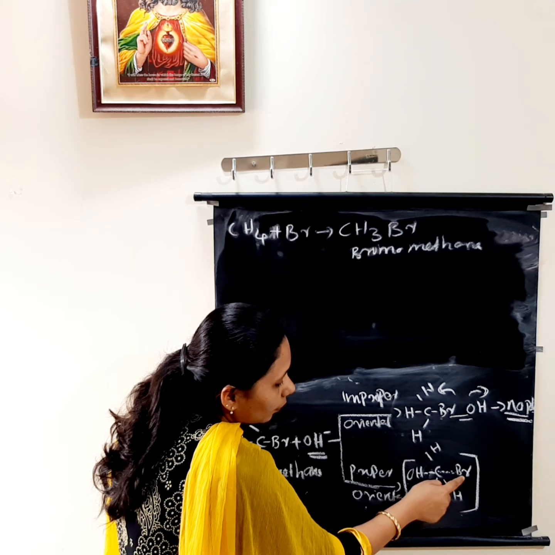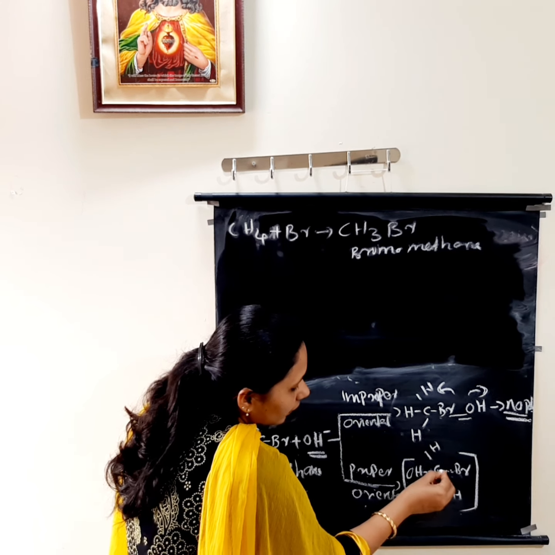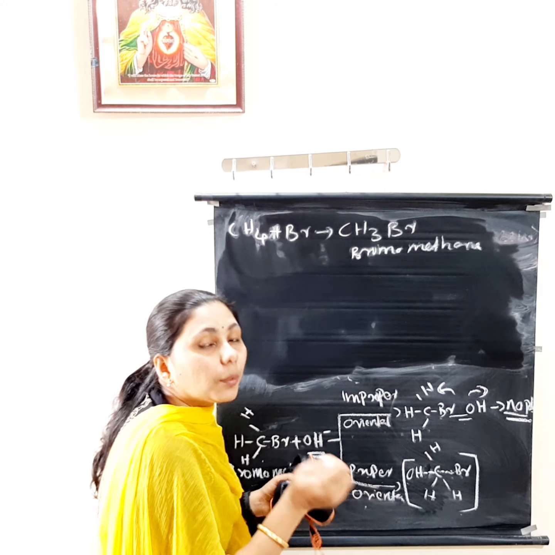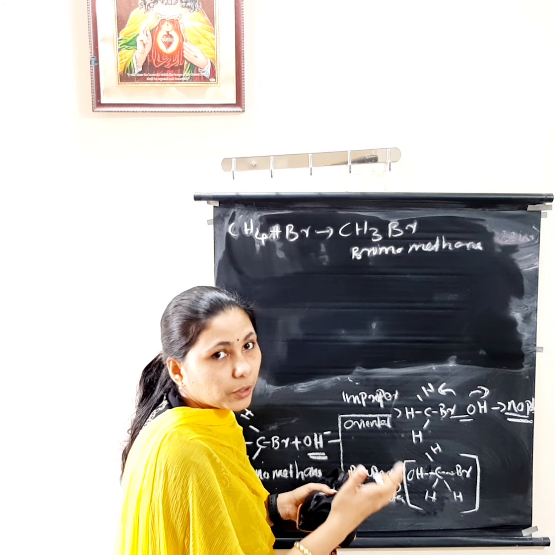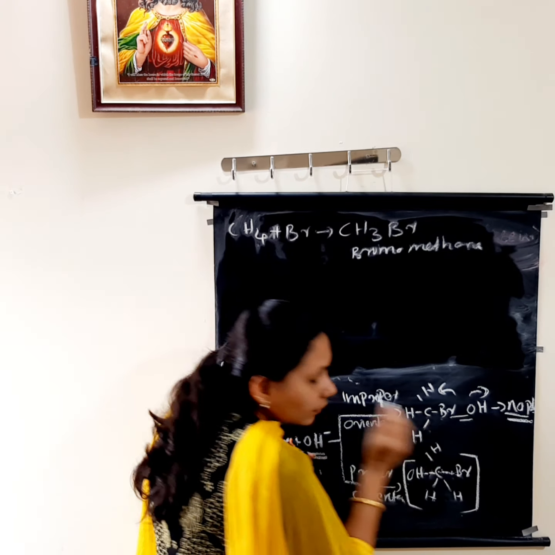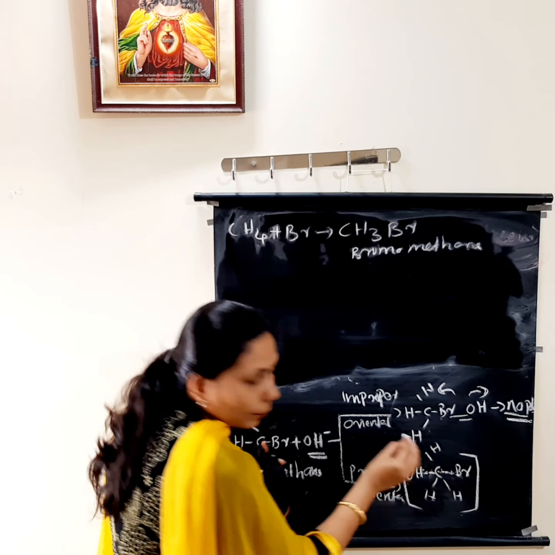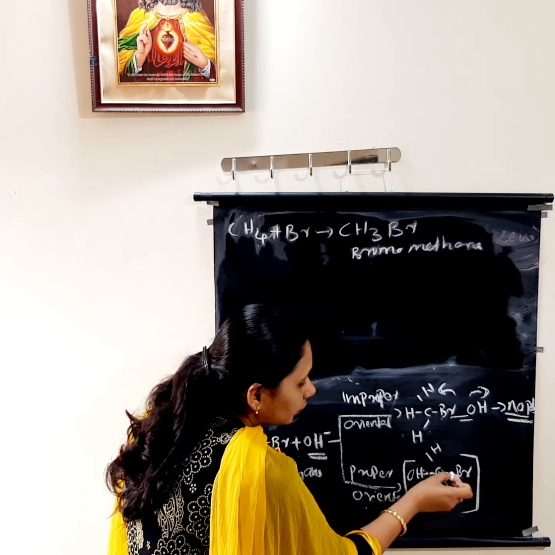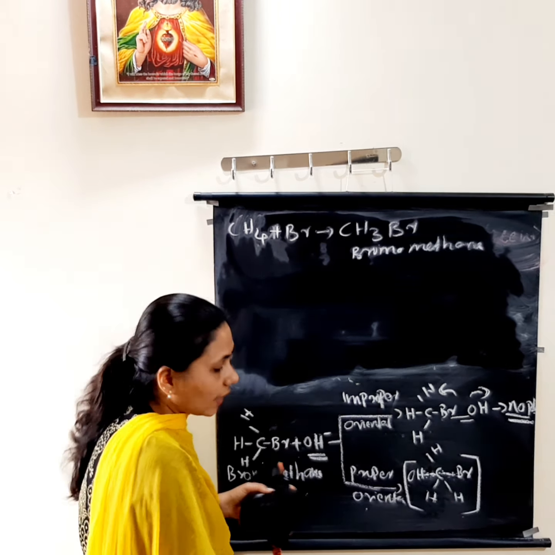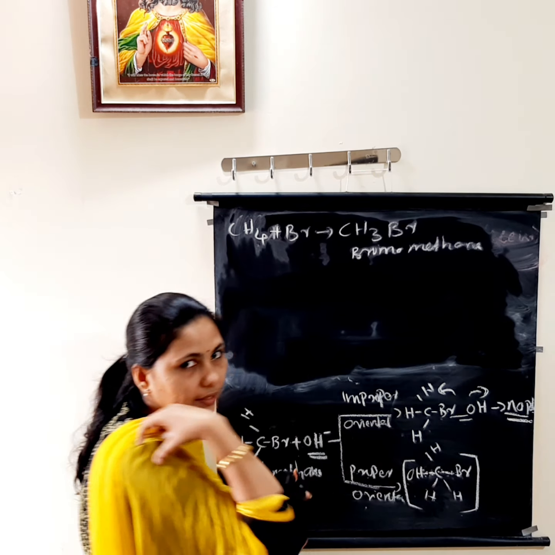We know during effective collision the bond between the reacting species starts breaking. So here it starts breaking, but here it starts forming. That is why I am showing both: this is going, this is coming. Both are dashed lines. So an intermediate complex is formed.